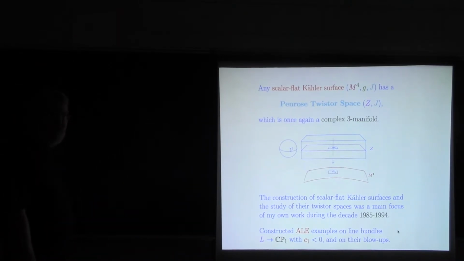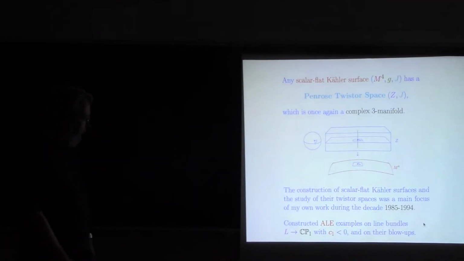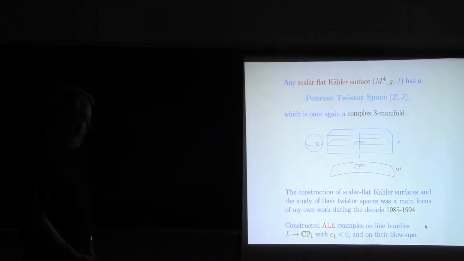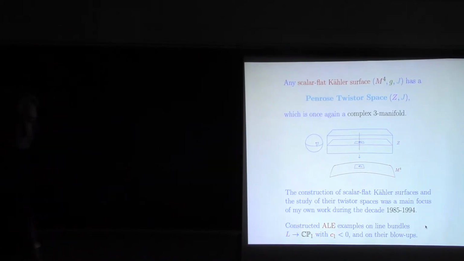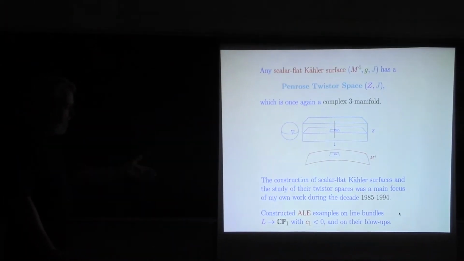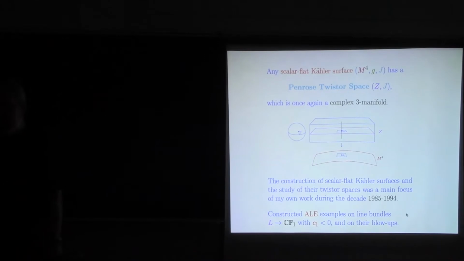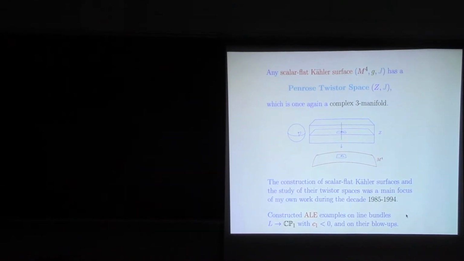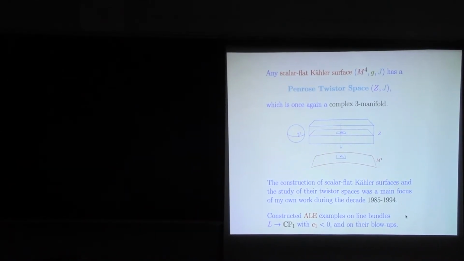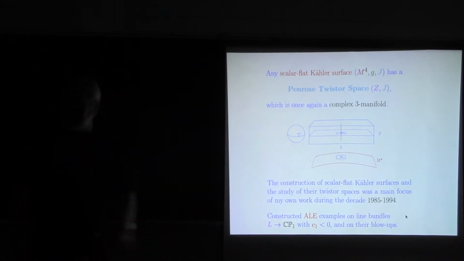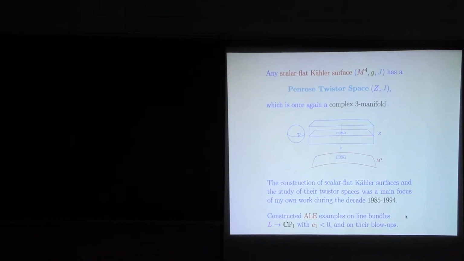But nonetheless, that's enough information to learn a lot. In particular, I showed that if you took a line bundle over CP1 with negative Chern class, that admits an ALE scalar flat Kähler metric, and also if you blow up that complex surface in generic configuration of points, you again get scalar flat Kähler metrics on it.